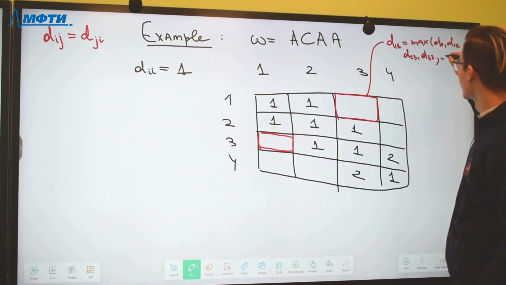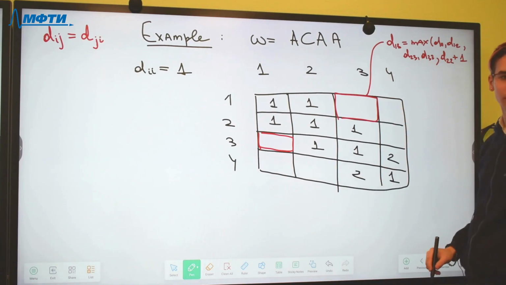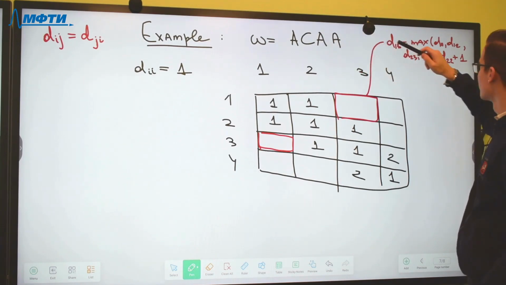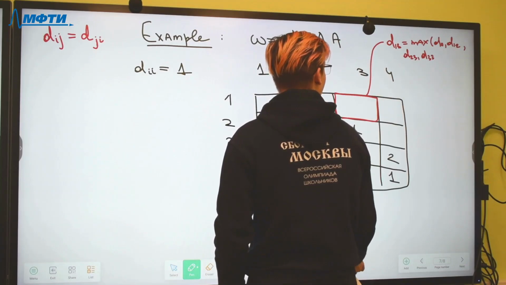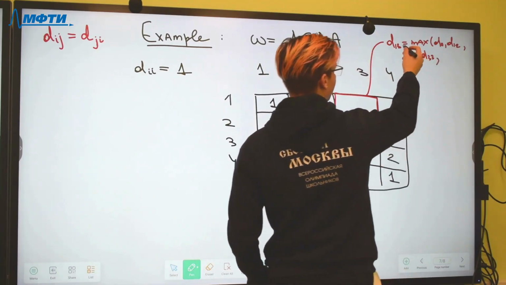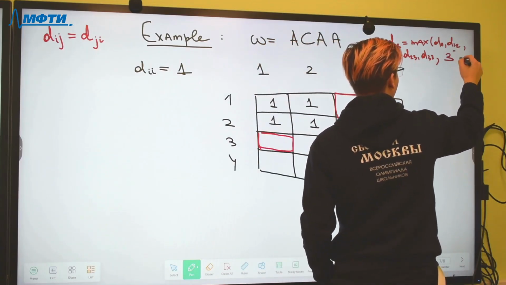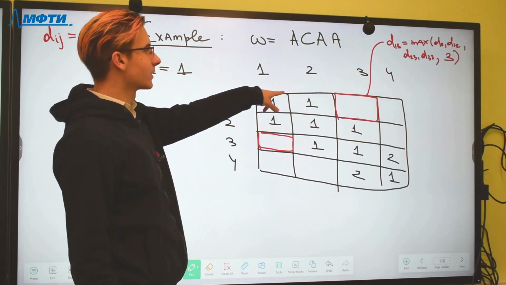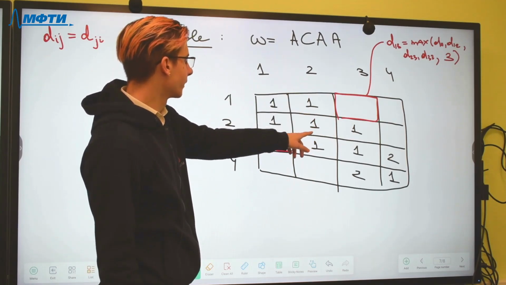So I add here D with index 2, 2 plus 1. And then I see that it's equal to, no, not this, but their difference, G and E plus 1. It's 3.